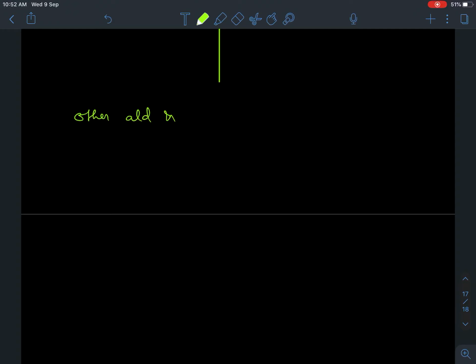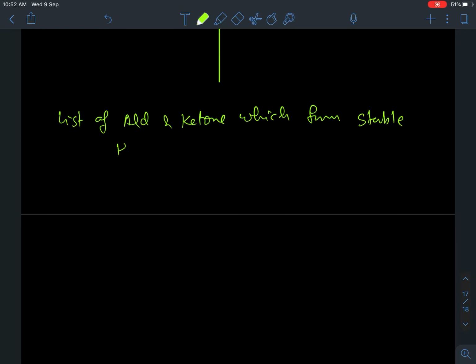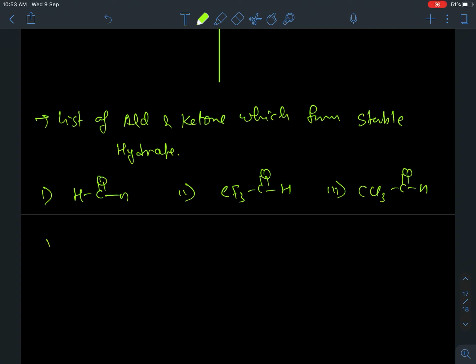The list of aldehydes and ketones which form stable hydrate, right? So I told you that these are almost 100%. Then I told you if you go for CF3 C double bond O or any halogen derivative, suppose you take CCl3, you keep it on this side also, CF3 on that side also. These all exist almost 100% in the hydrate form.